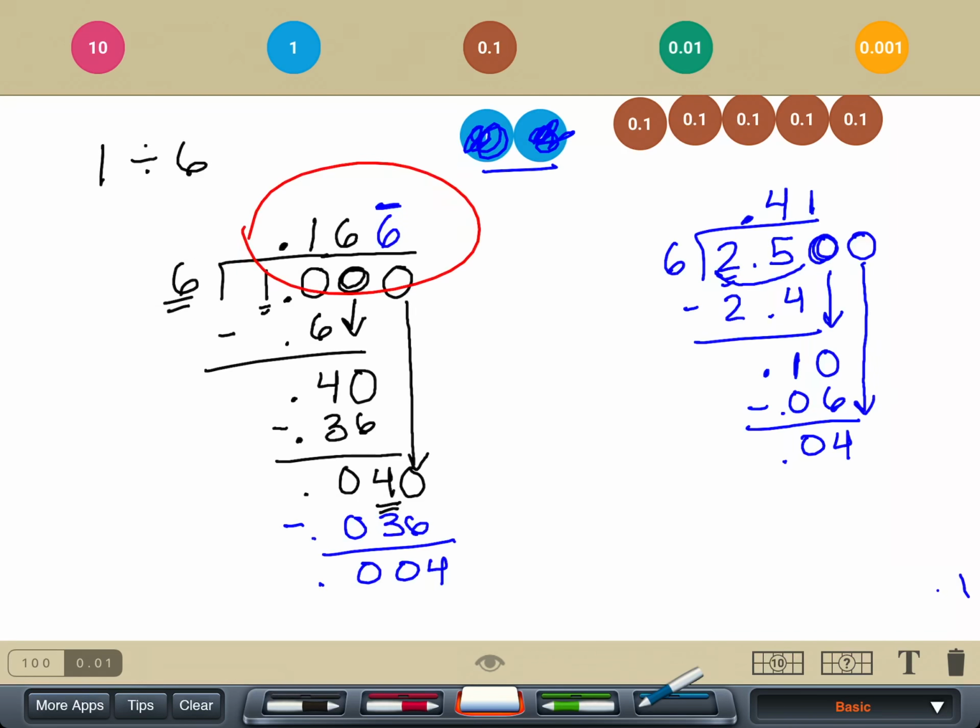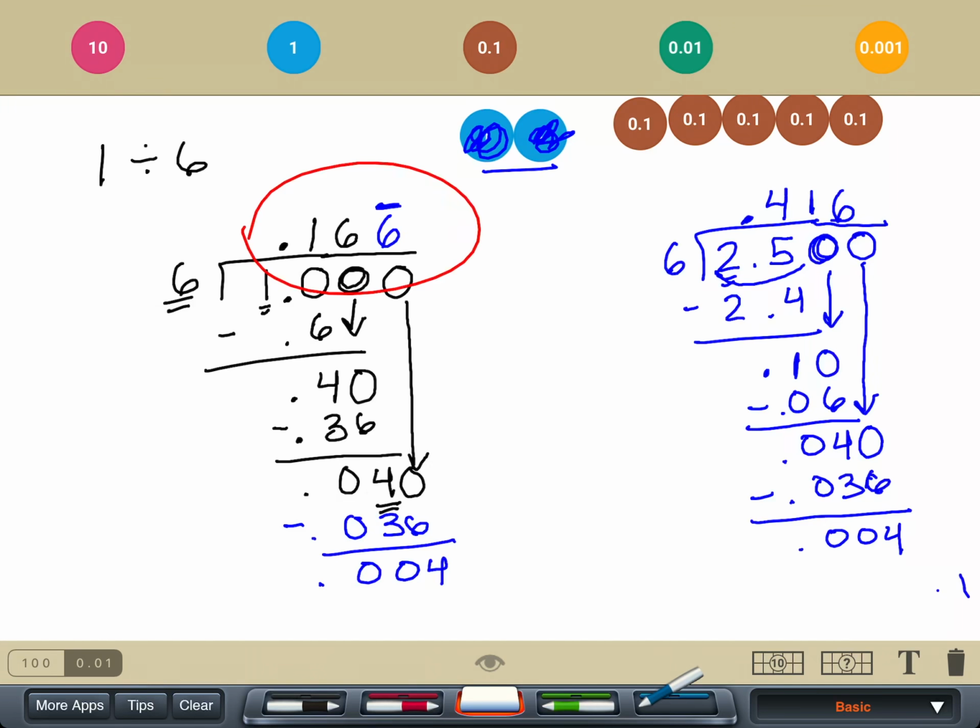So we're going to have to bring down another 0, and we're going to rename our 4 hundredths as 40 thousandths. 40 thousandths divided into 6 parts would let us put 6 thousandths in each, and we would have used 36 thousandths.